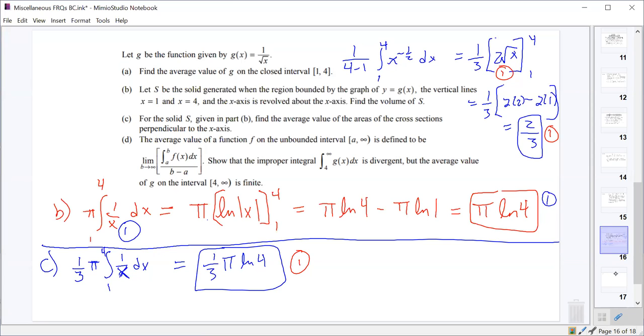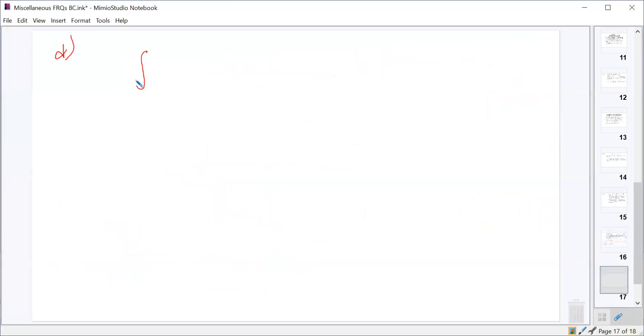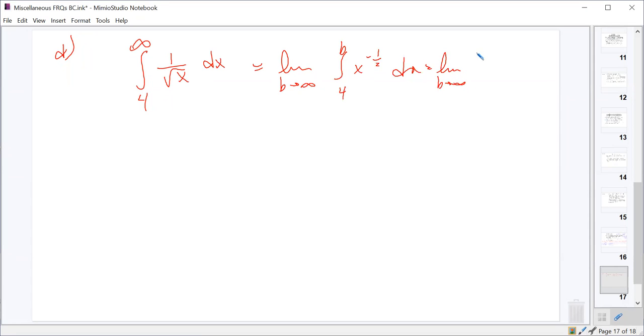So first off, we're going to do the integral from 4 to infinity of 1 over root x dx, which should be written as the limit as b approaches infinity of the integral from 4 to b of x to the negative 1/2 dx, which is the limit as b approaches infinity of 2 root x from 4 to b.